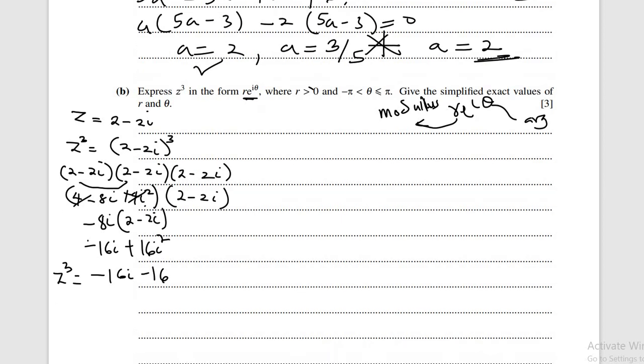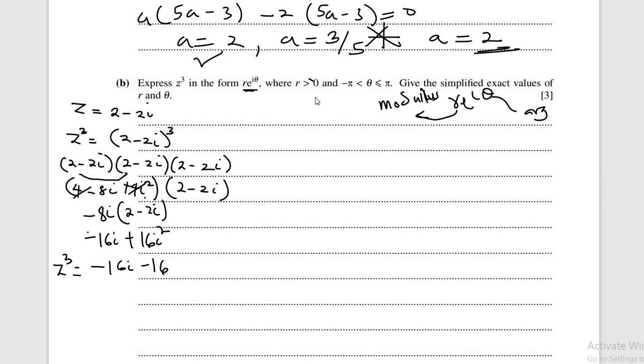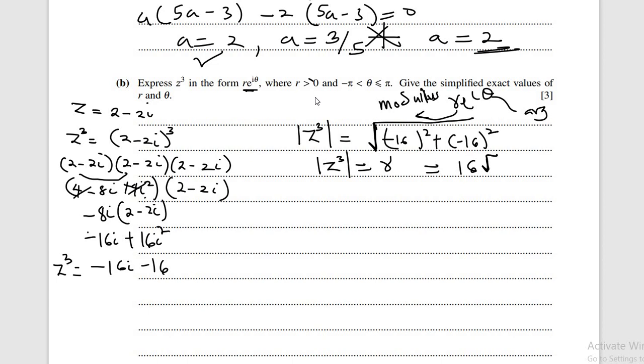Modulus of z cubed will be the square root of minus 16 squared plus minus 16 squared. So the modulus of z cubed, which is the same thing as r in that form, will give us 16 root 2.